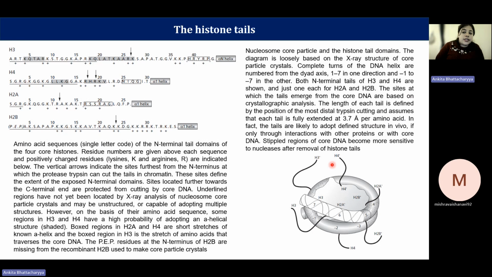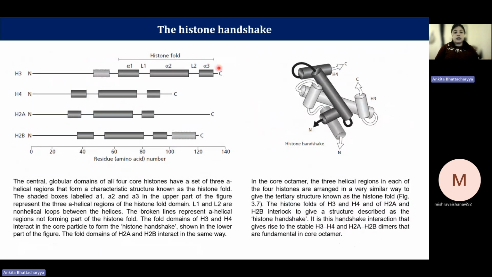Amino acid sequences of the N-terminal tail domains of the 4 core histones. So why the N-terminal domains? Because they usually project out of the nucleosomal core. If you look at this particular diagram, you'll see the slight differences between each of these different histones.